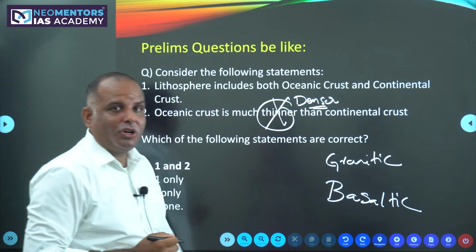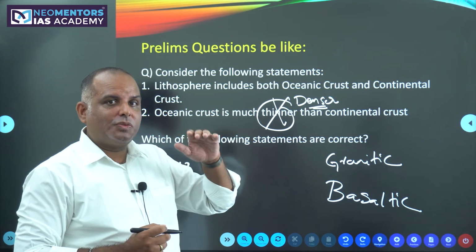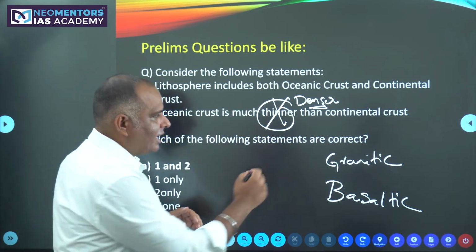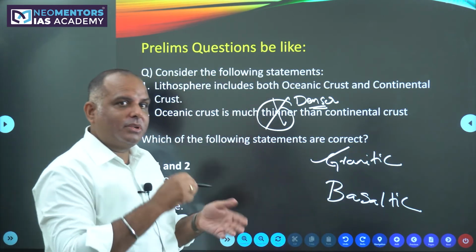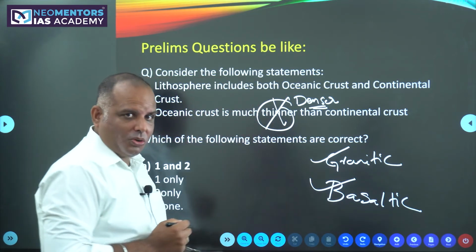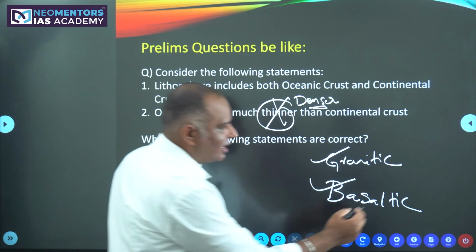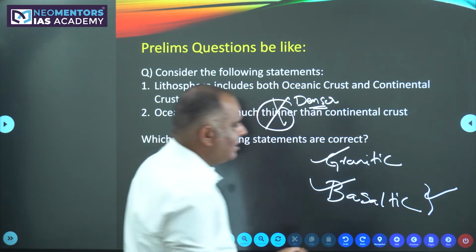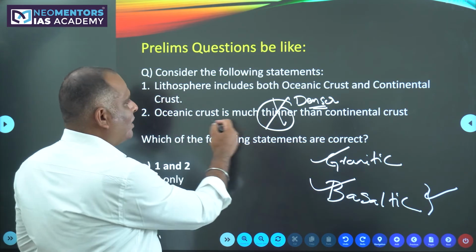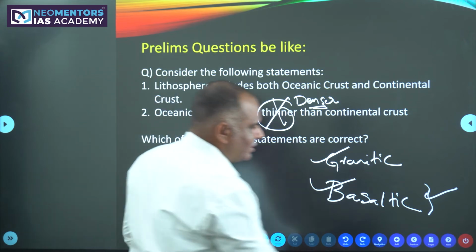We said the topmost regions of the continental crust would be of granitic nature, and the bottom regions basaltic. Oceanic crust is more basaltic in nature. Since basaltic is denser than granitic, this statement would also be true. Clear? Let's move on to the next question.